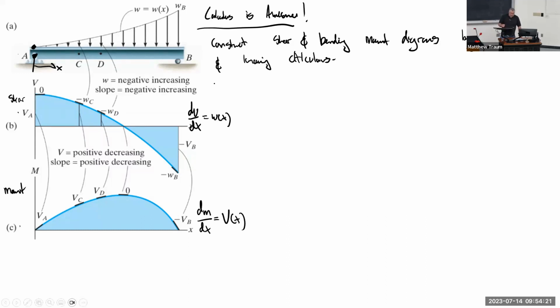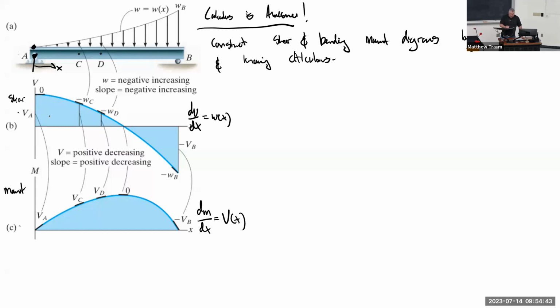So if we then translate from the shear diagram to the moment diagram, it's basically the same thing, right? We're just sort of integrating in our minds. And so if we look at this point A and we go all the way down to the moment diagram, A was 0 in terms of the function W. On the shear diagram, it's just a constant flat value with a slope of 0.